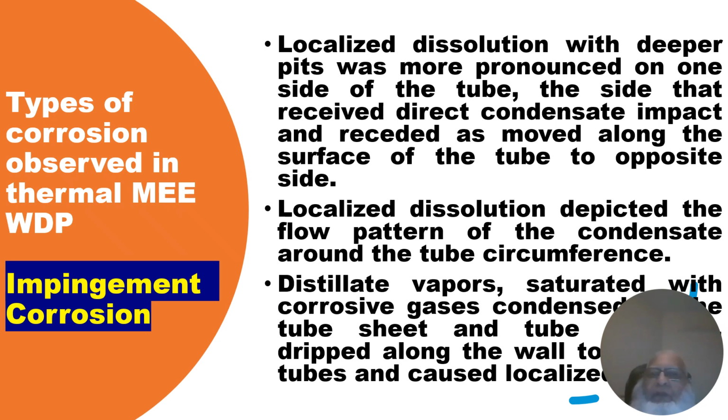Localized dissolution depicted the flow pattern of the condensate around the tube circumference. Distillate vapors saturated with corrosive gases condensed at the tube sheet and tube supports, dripped along the wall to adjacent tubes and caused localized attack.